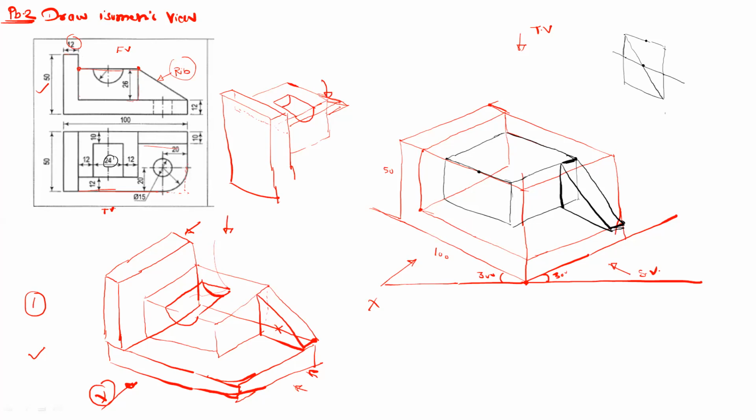Then find the midpoint and join this midpoint with this corner. Okay, and this midpoint with the opposite corner. Okay, so actually this is called the four center method.